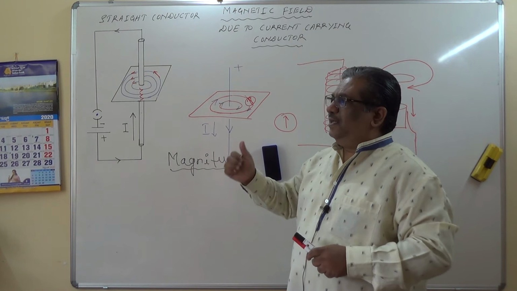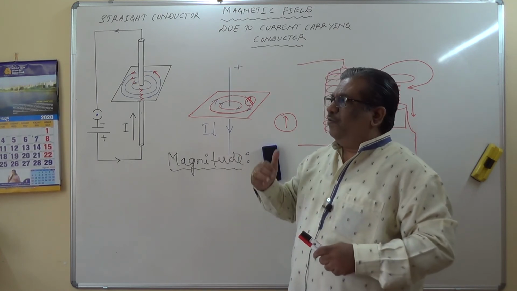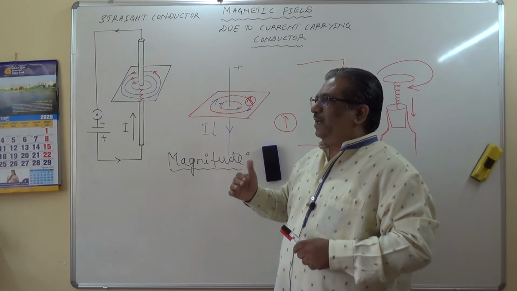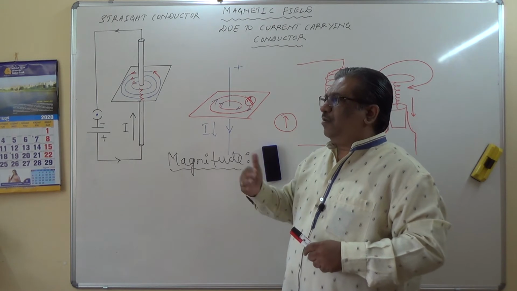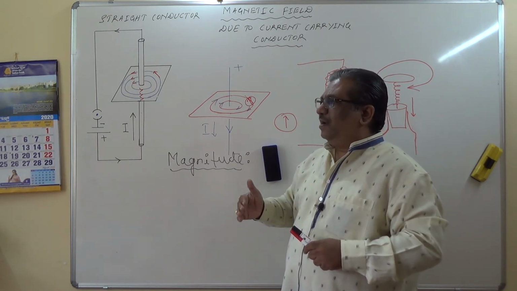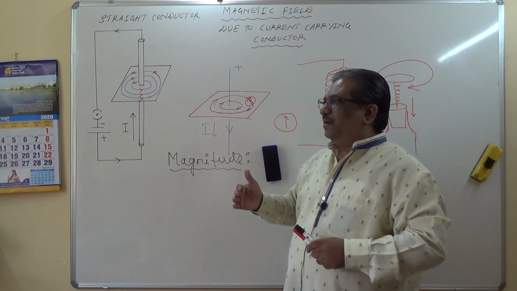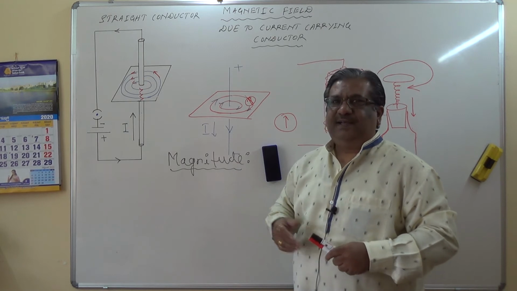The current is in the east-west direction. Applying the right hand thumb rule, we get that the magnetic field at any point below or above the wire turns clockwise in a plane perpendicular to the wire when viewed from the east end and anti-clockwise when viewed from the west end. Did you understand it?